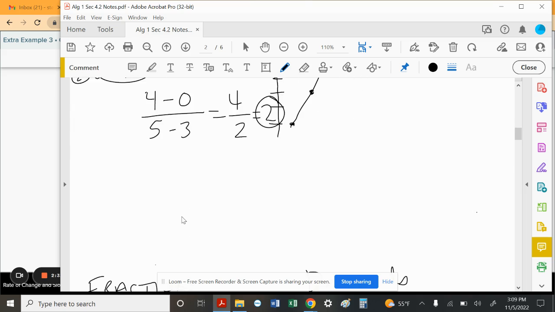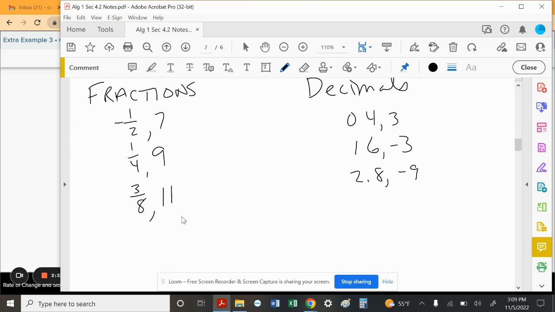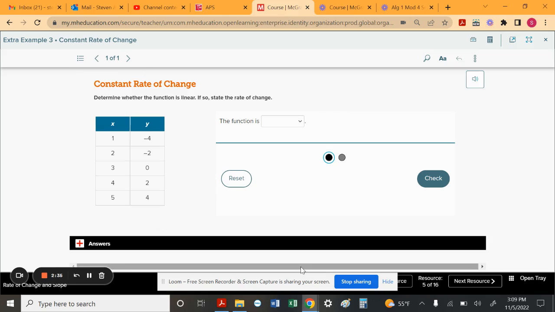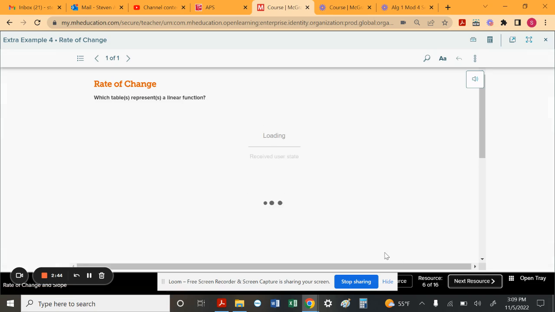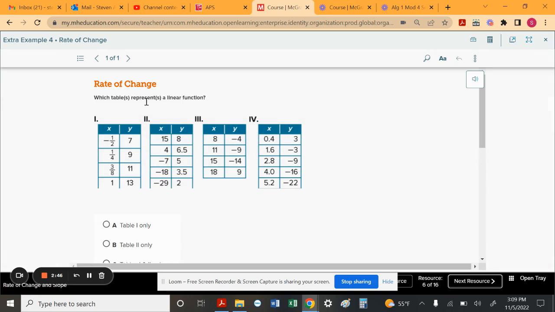Okay, so moving on to the next one. This is the one that I do want you to see. They do the same kind of thing here, where they have you check which tables represent a linear function. Notice we'd have to do 100 calculations.